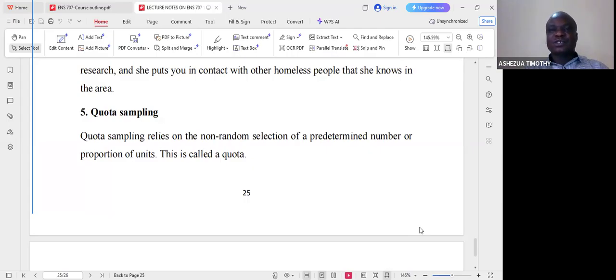Then in the afternoon session, I encourage you to get your calculators and your statistical tables. In the afternoon session, we'll start playing around with figures.